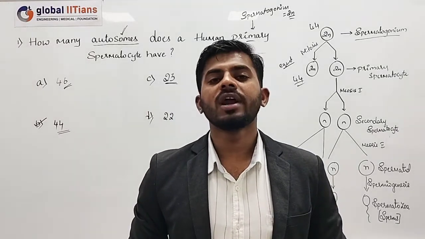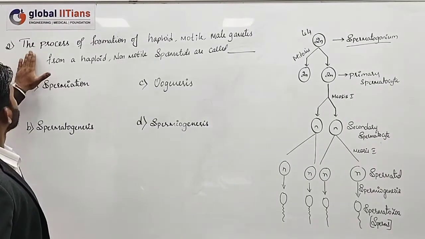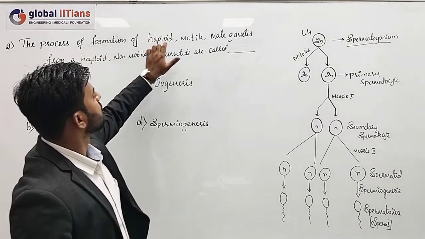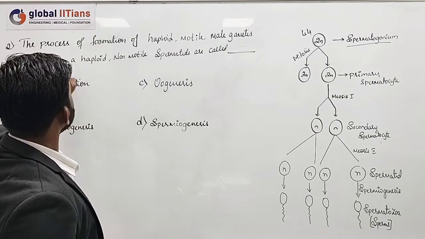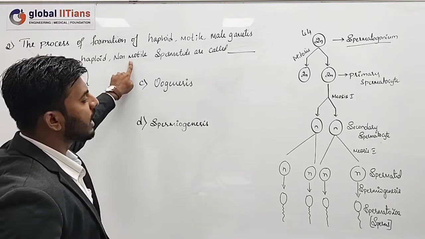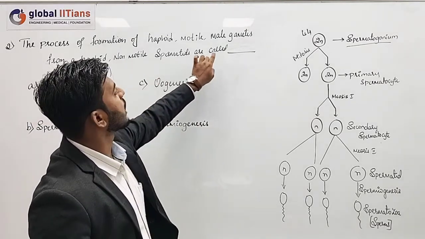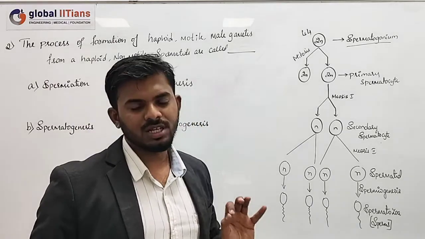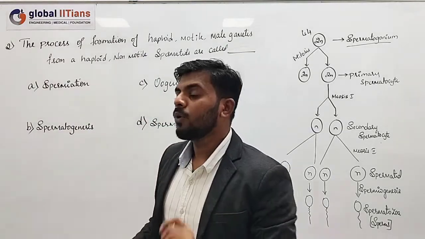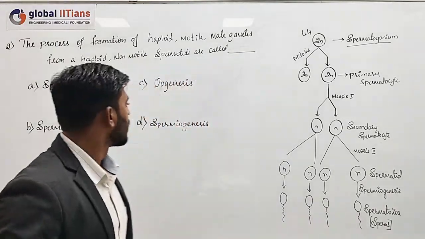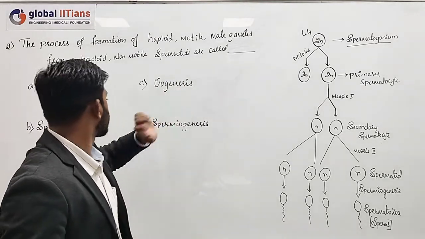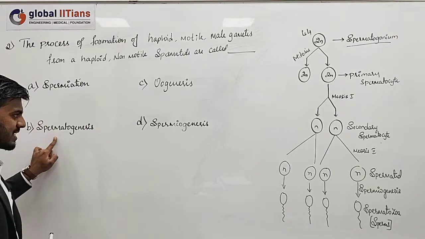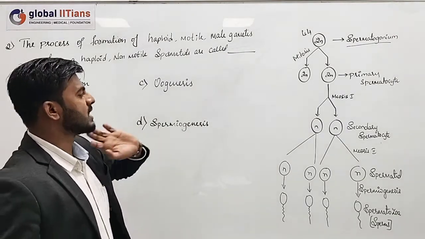Now we'll move on to the next question. The process of formation of haploid motile male gamete from haploid non-motile spermatids is called dash. That's the question. Now we'll see what options are given. The first one is spermiation, oogenesis, spermatogenesis, spermiogenesis.